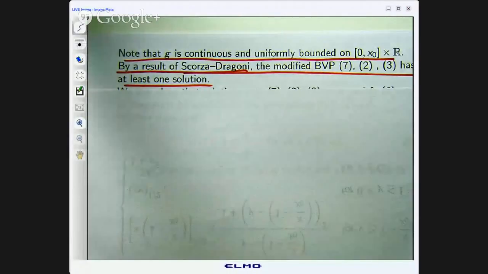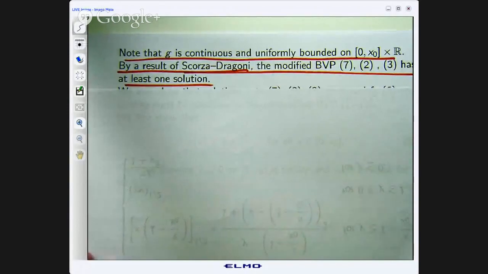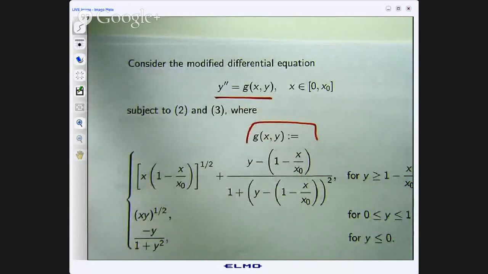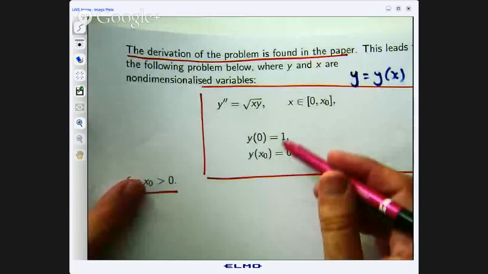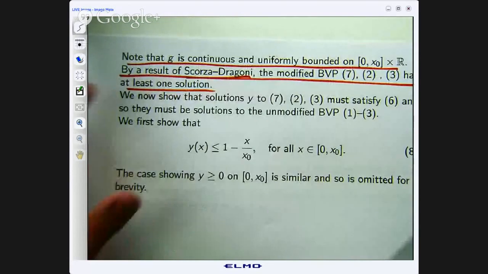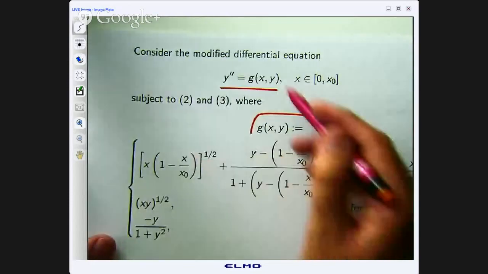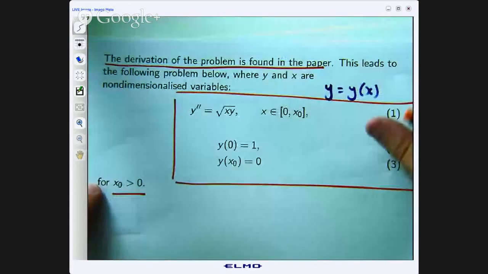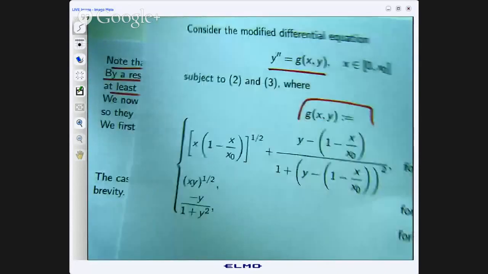Okay, so what it means is that the differential equation y double prime equals g, subject to the original boundary conditions, has at least one solution.